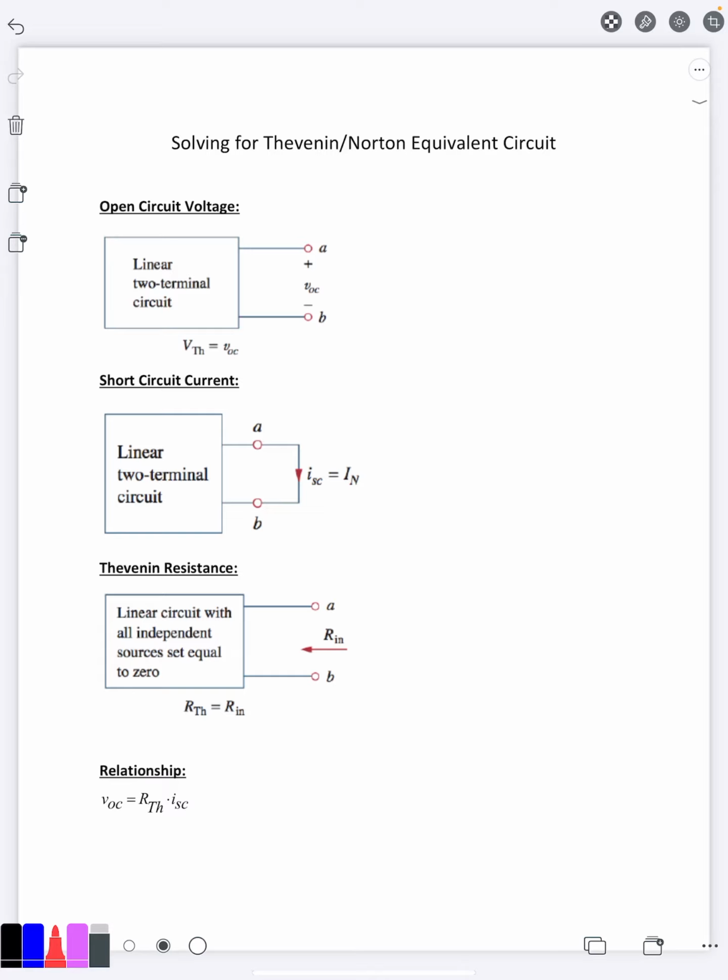In particular, this idea is really great if you have an actual physical circuit in front of you and you have a multimeter, because you can hook up your multimeter to these two terminals, A and B. If you turn it to the voltmeter setting, well, a voltmeter acts as basically an open circuit.